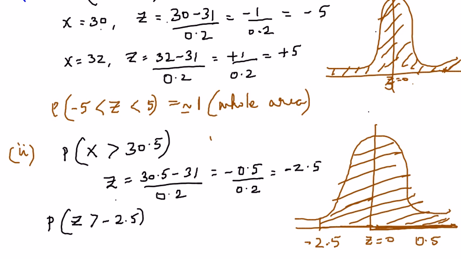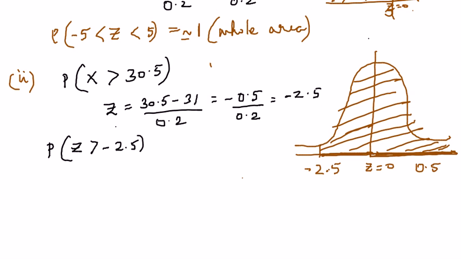Likewise, between 0 and minus 2.5, due to symmetry I can write it as the probability of z being between 0 and plus 2.5, I'm sorry, plus 2.5.